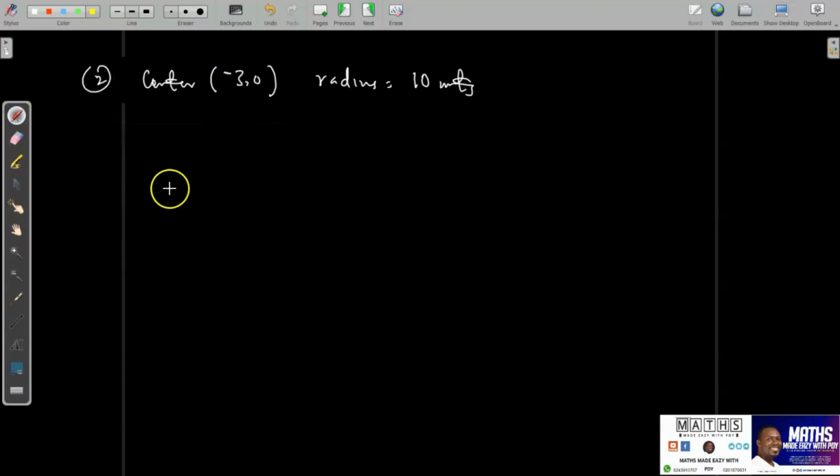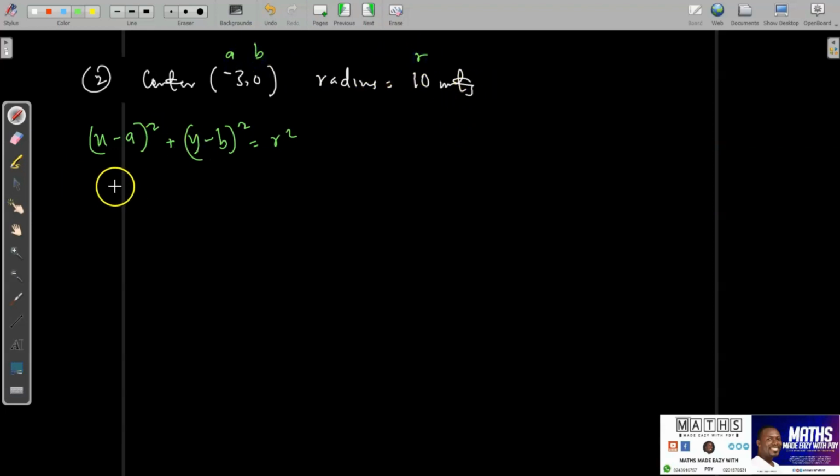So the first one is using the unitary method. Again, with the unitary method, you are going to apply (x minus a) squared plus (y minus b) squared equal to r squared. So from here, our a is here, our b is there, and this is our r value.